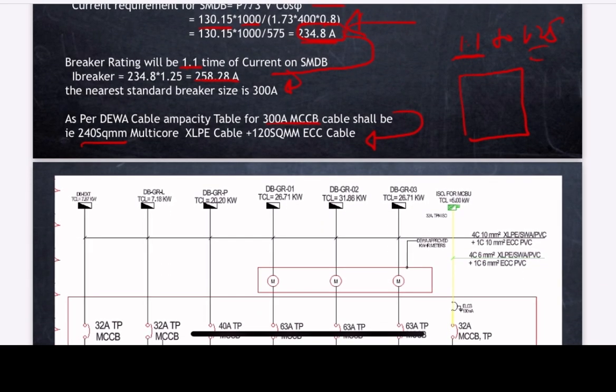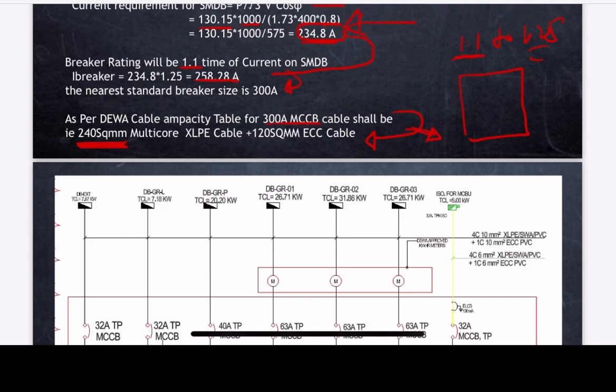Okay, one more point, we will do the voltage drop calculation also for all our loads in an upcoming video of this series, as the cable size depends on the voltage drop calculation also.